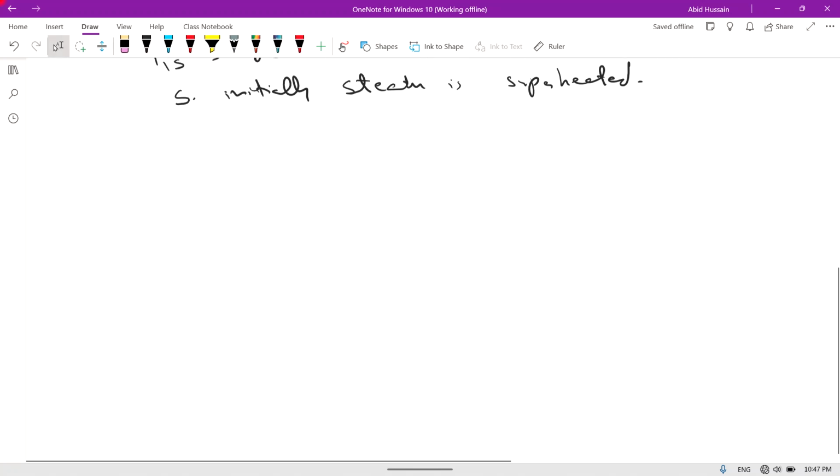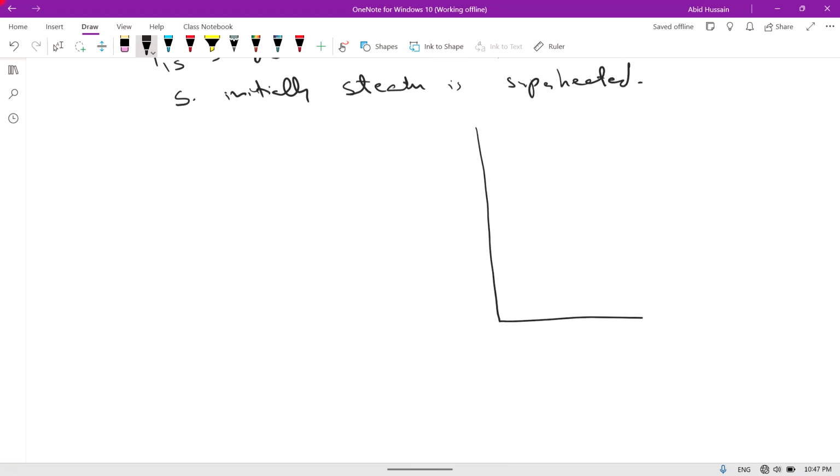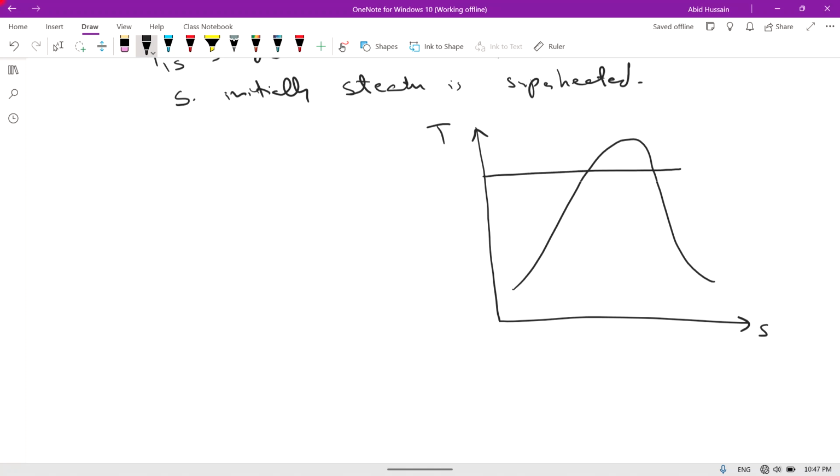I am showing this on a TS diagram. This is 400 degrees centigrade, T1 equal to 400. Temperature is in degrees centigrade and entropy is in kilojoule per kilogram per Kelvin.